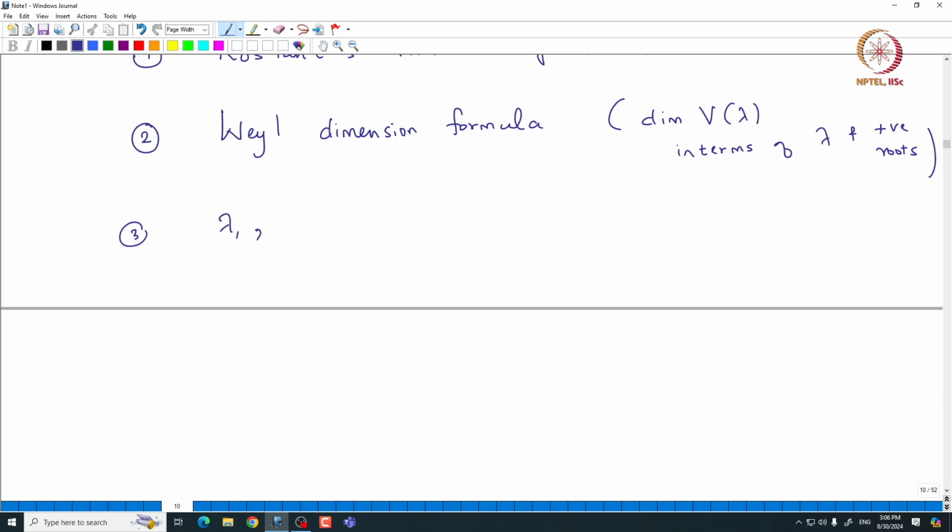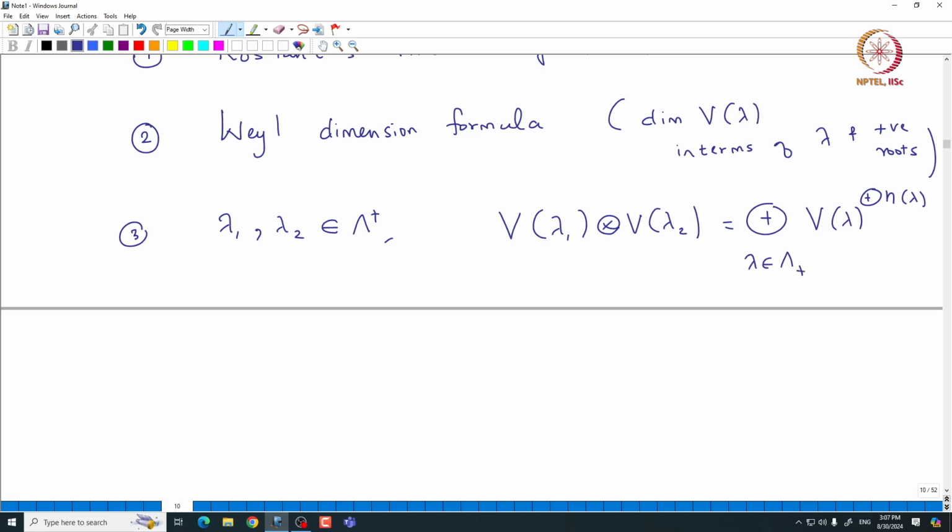Given lambda 1, lambda 2 in lambda plus, we can consider V lambda 1 tensor V lambda 2. This is a finite dimensional representation for SL N plus 1. Using complete reducibility, we can write it as a direct sum of V lambdas with some multiplicities n lambda, where lambda runs over lambda plus.